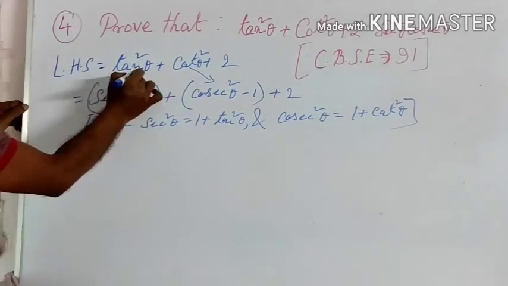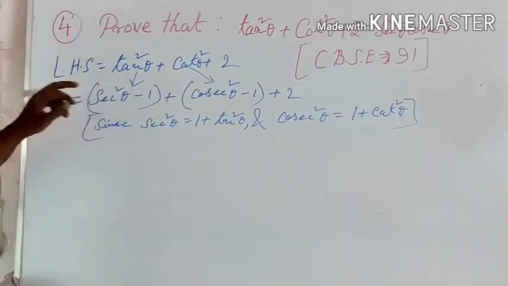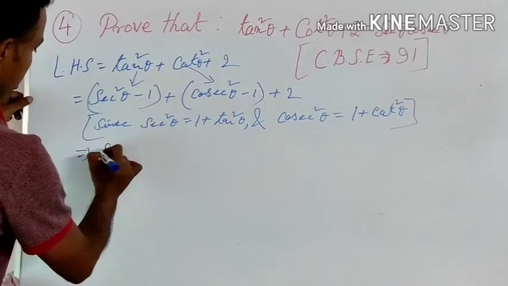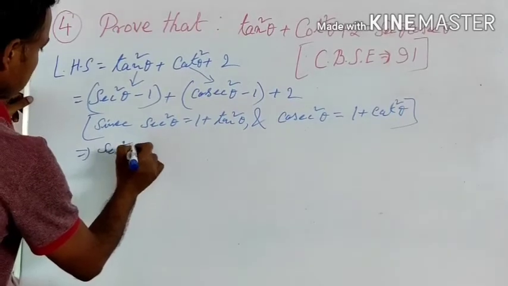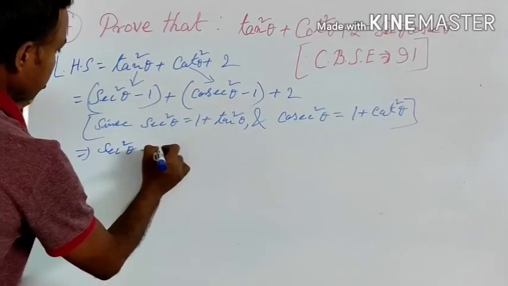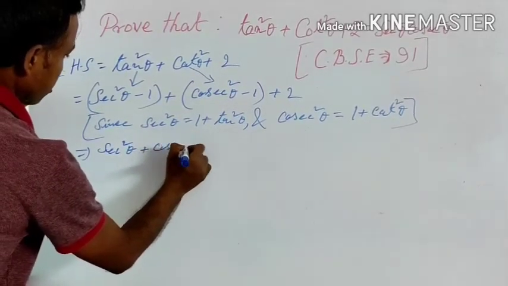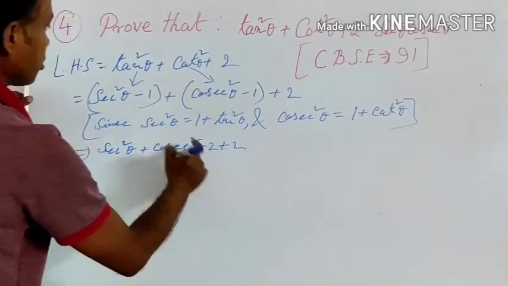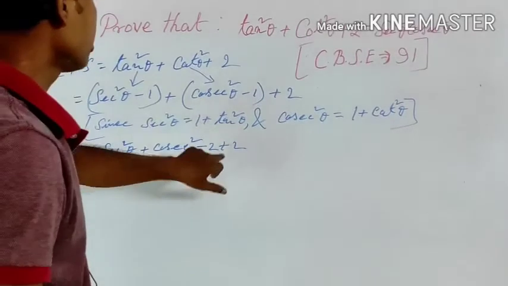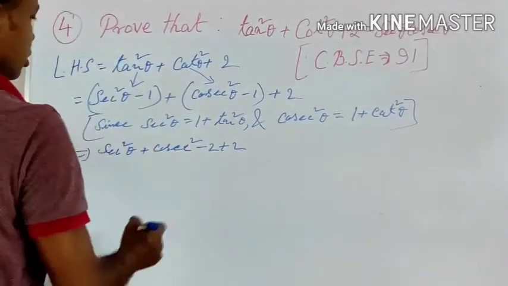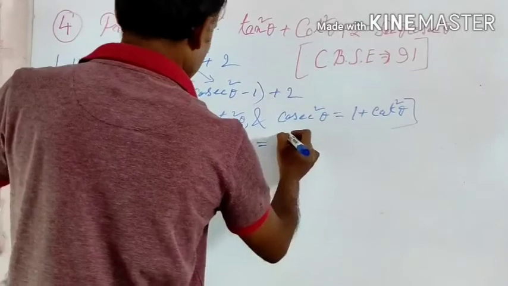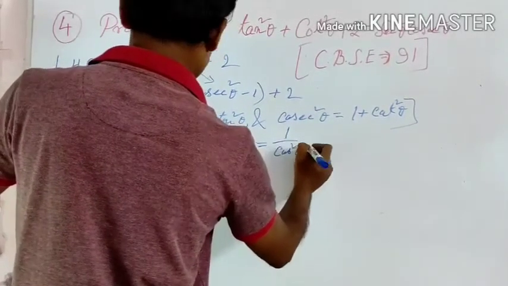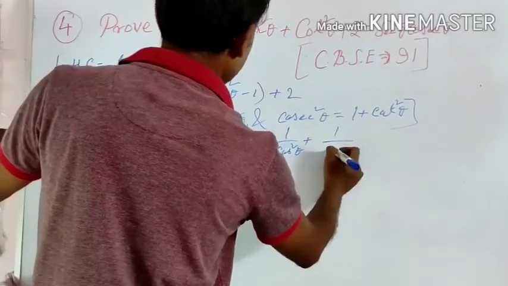So now sec square theta plus cosec square theta, minus 1 minus 1 and plus 2 cancel, is equal to 1 by cos square theta plus 1 by sin square theta.